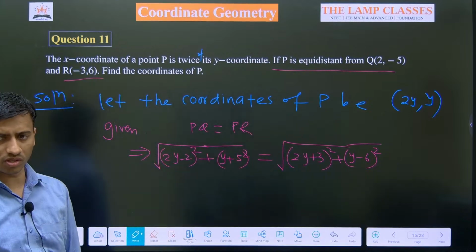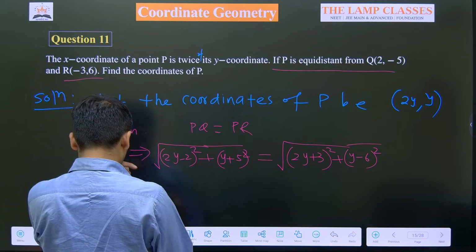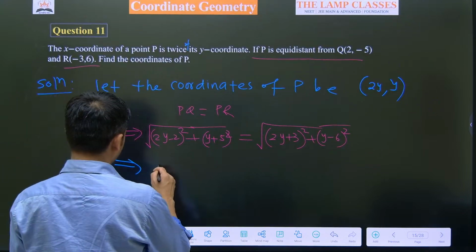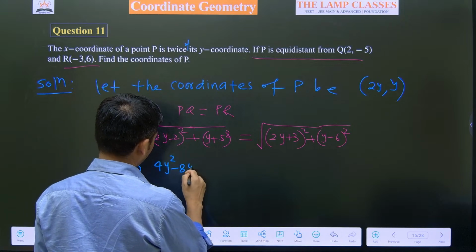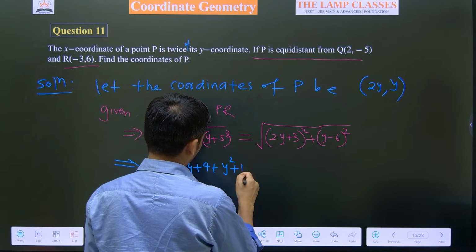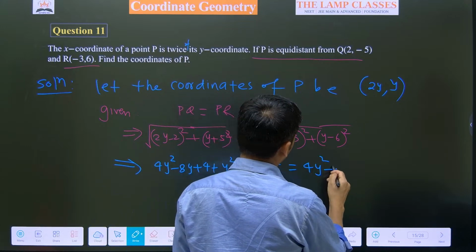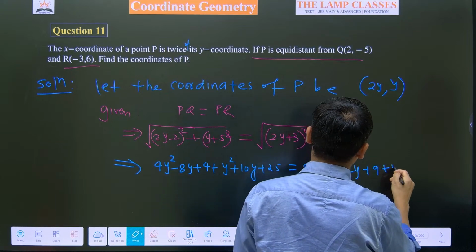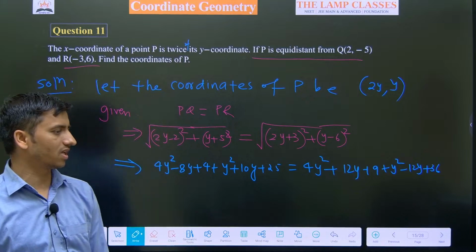Now we can square both the sides and then open the brackets. Four y square plus 12y plus 9 plus y square minus 12y plus 36. I have squared both the sides and opened the brackets.